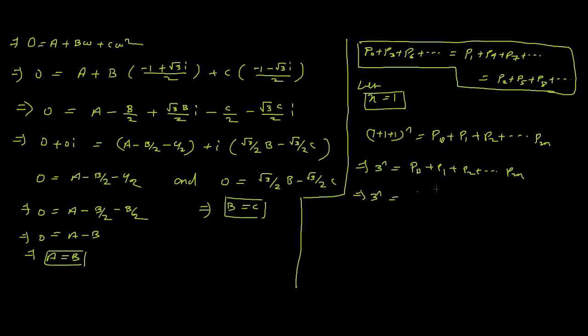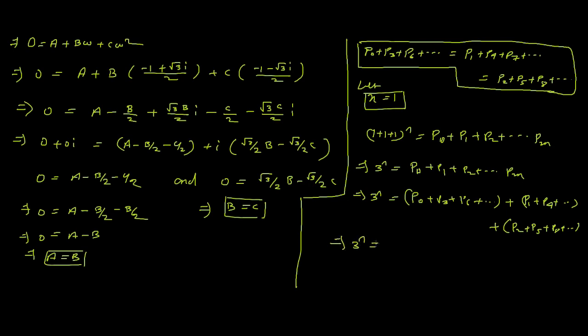Again, 3 to the power n can be written as, if we make some grouping, p0 plus p3 plus p6 is one group, plus p1 plus p4 plus p7 is another group, plus p2 plus p5 plus p8 is another group.